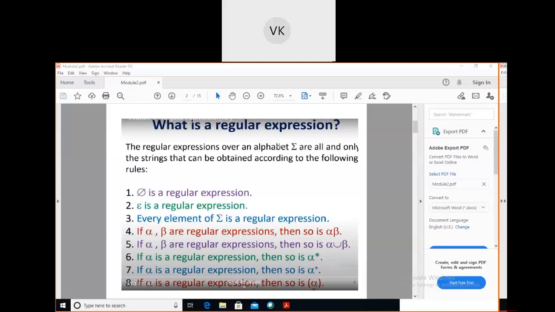First, he may ask some definitions and applications of automata, string, alphabet, concatenation, replication. He may ask some basic definitions, along with which you have to give some examples, and he may ask what you mean by regular language, what is a regular expression. He may ask that type of questions.